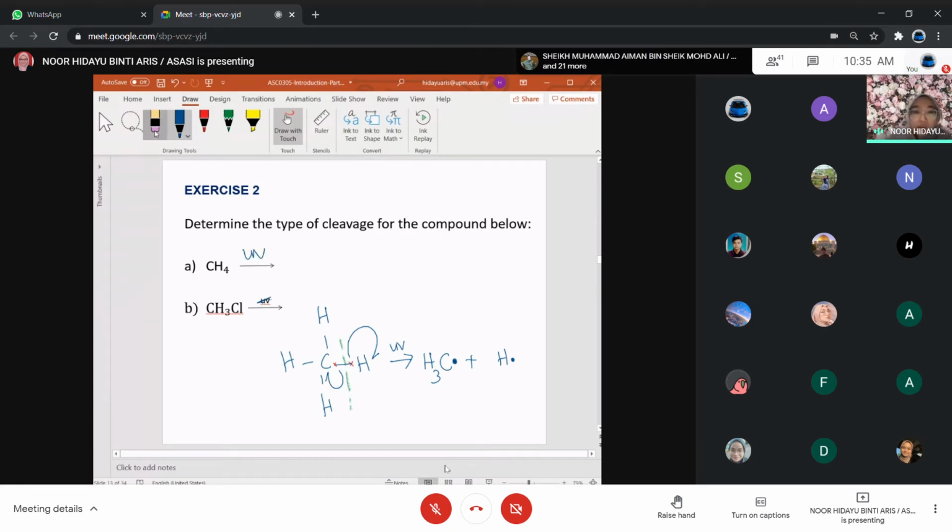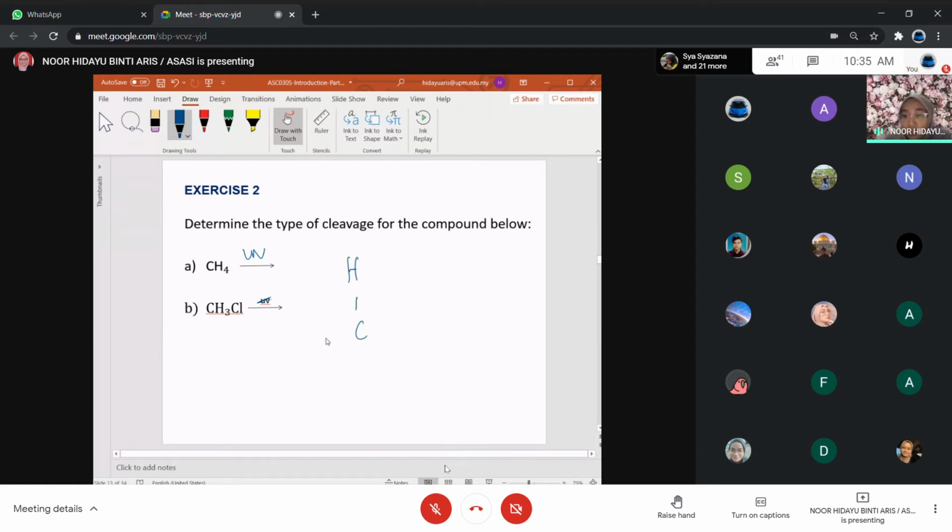Okay, how about structure B? Okay, untuk structure B, we have CH3Cl. Okay, ada different electronegativity tak in this compound? Ada. Between what? Carbon and also Cl.